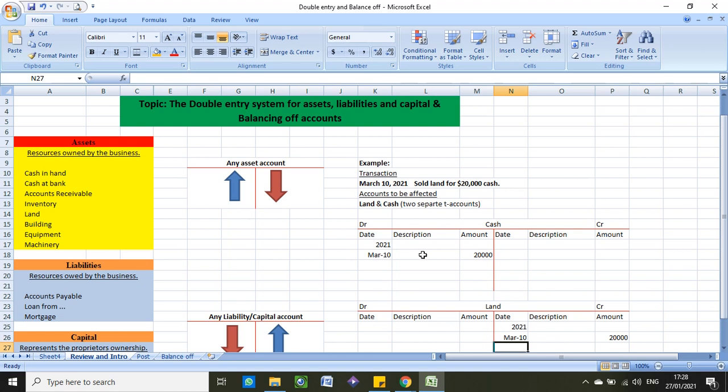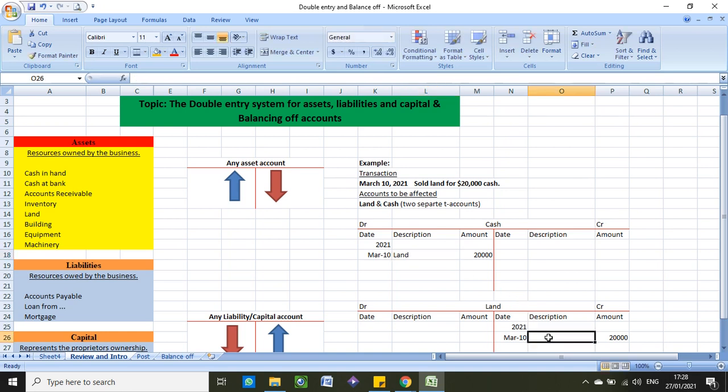The reason why I do that is that out of every transaction, you should have two accounts that will be affected. So the two accounts are cash and land, of course. So the description here will be the name of the other T account that was affected. So it will not be this. The description that you will type here, or write if you're using pen and paper, will be land.